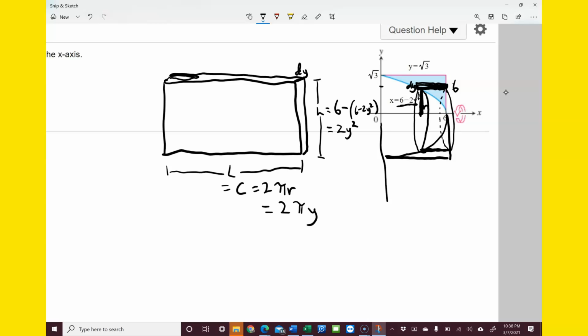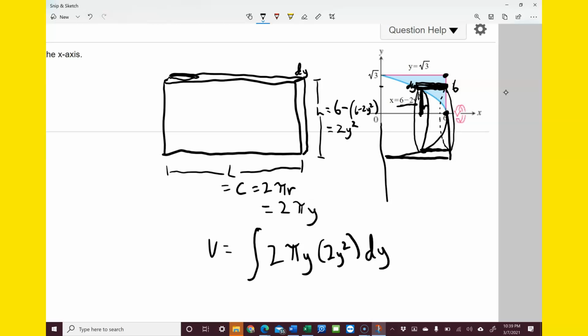Okay, so the volume then is the integral of the area of this rectangular face, which is the length times width, which is 2 pi y, times the width or height or whatever you want to call it, which is, I meant to put y, times 2y squared dy as we integrate from here to here.